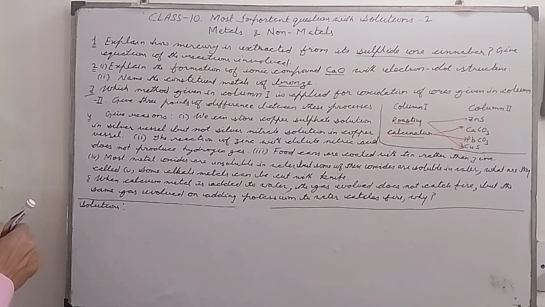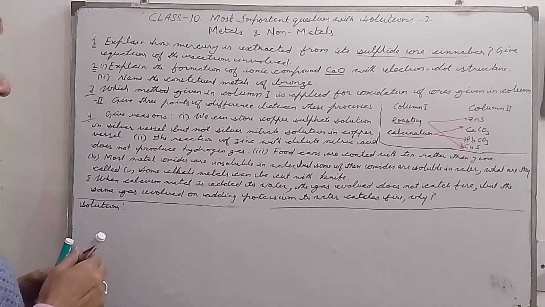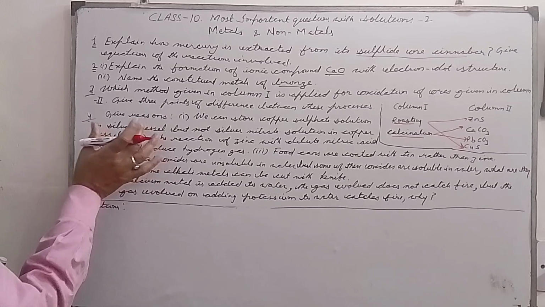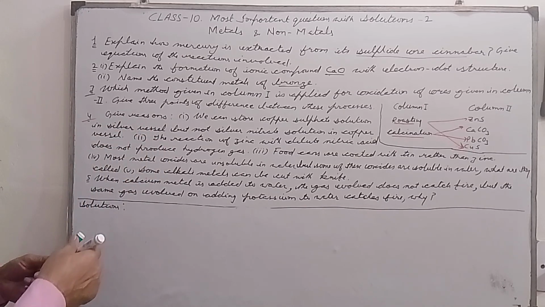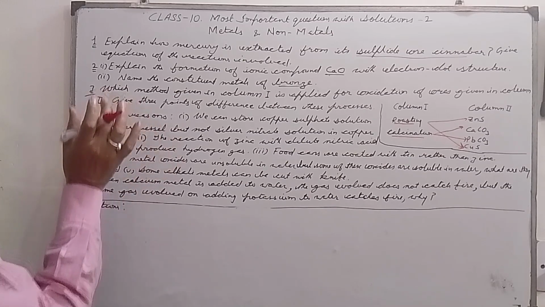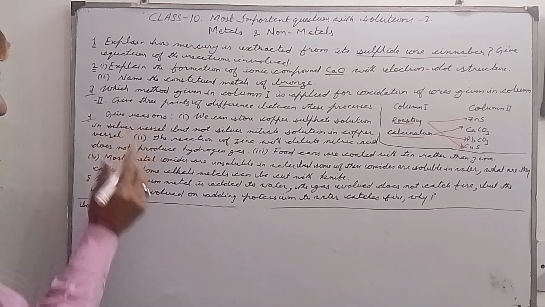Now we have question number 4. Give reasons. We can store copper sulfate solution in silver vessel. My dear students, listen to this question carefully. So in terms of chemical reaction, how will we write?